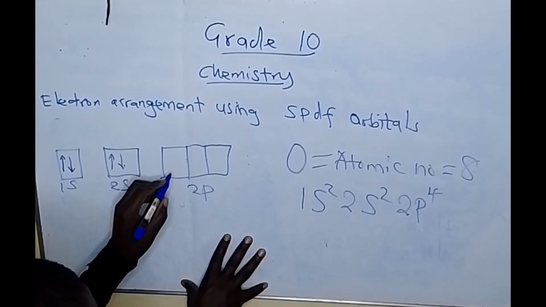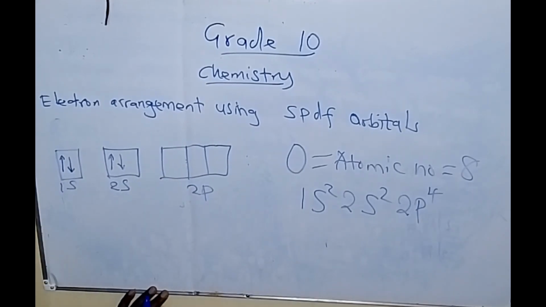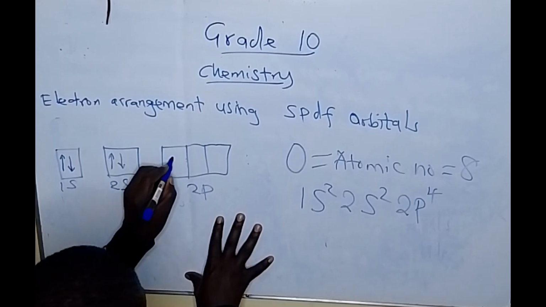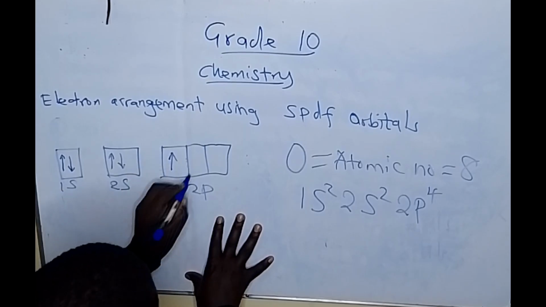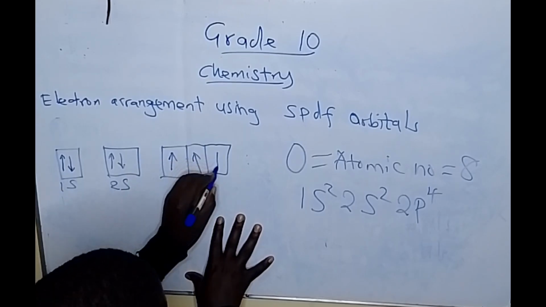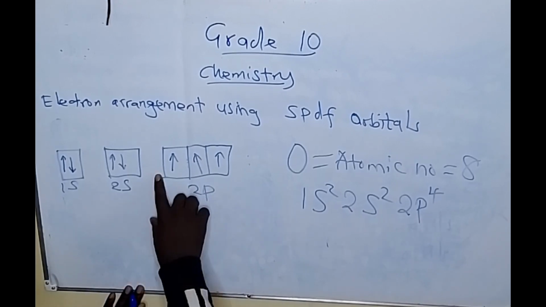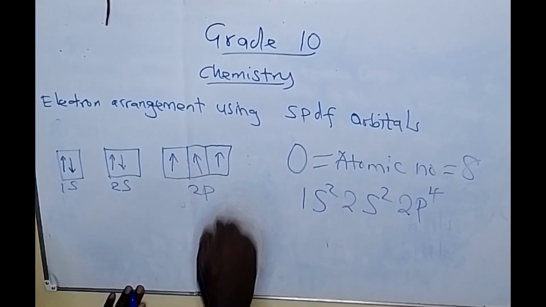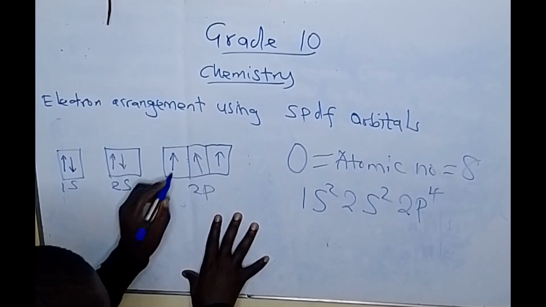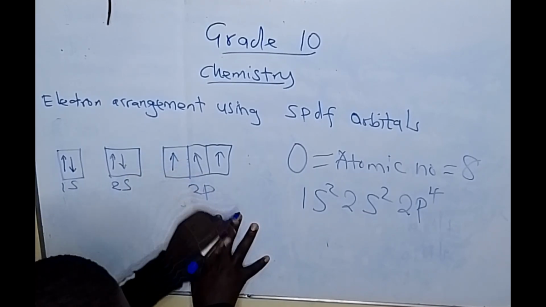And then for this one, when your orbital is not complete, the remaining electrons cannot fill that orbital completely. First, you put one electron in each box, and then you start pairing.